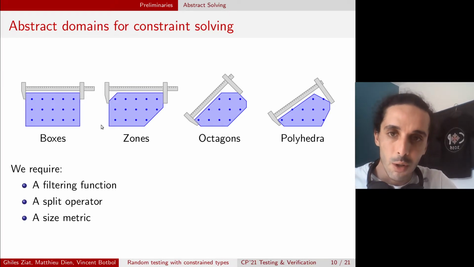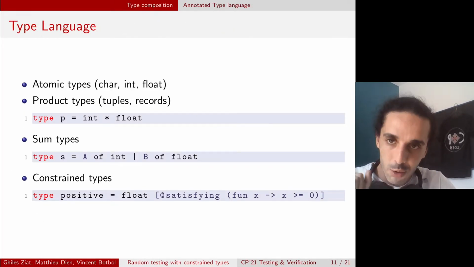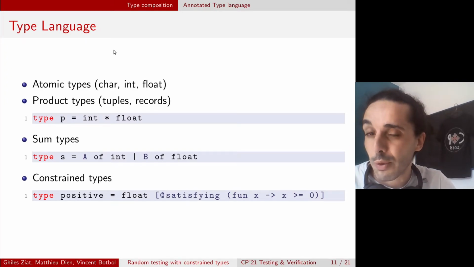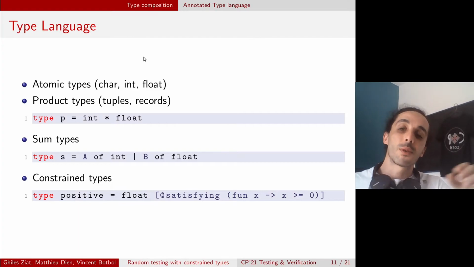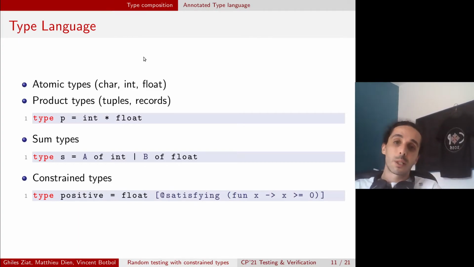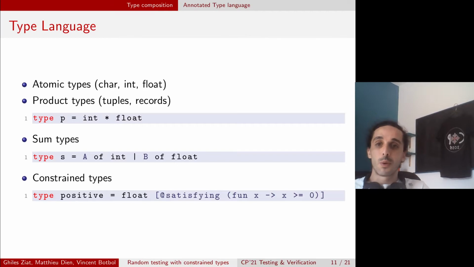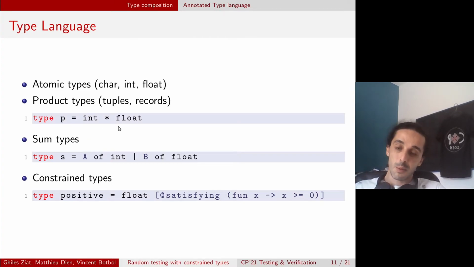So now I'm going to present the type language we are interested in. So we consider a regular type language with atomic types such as integer, floats, and so on. We also have product types. So here tuples, records. So here an example, a tuple where we have an integer and a float.